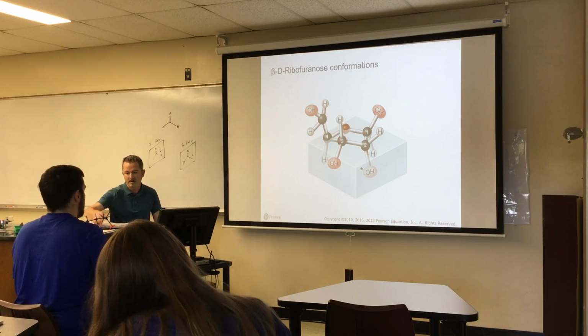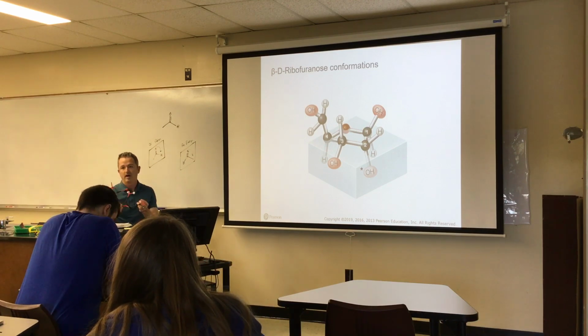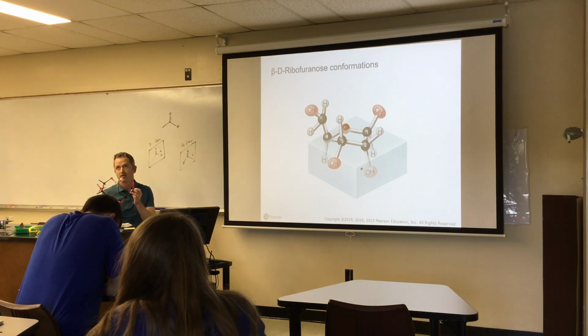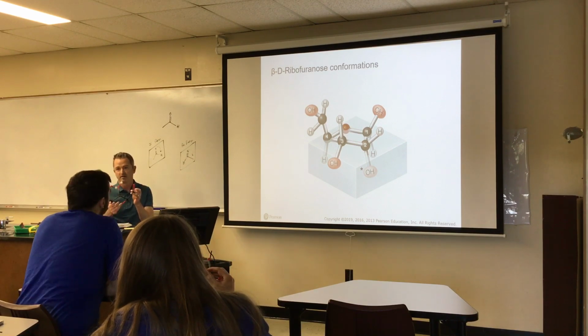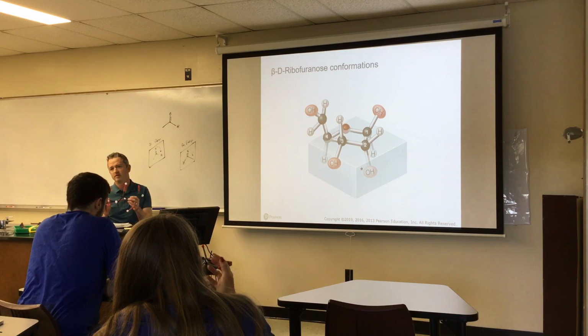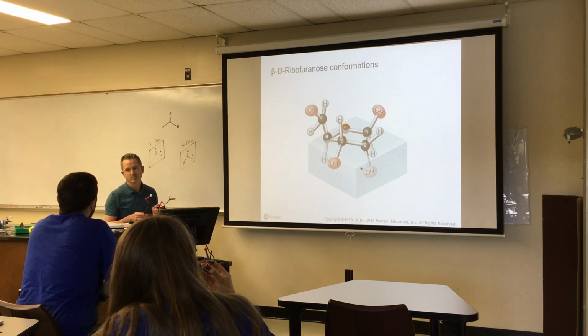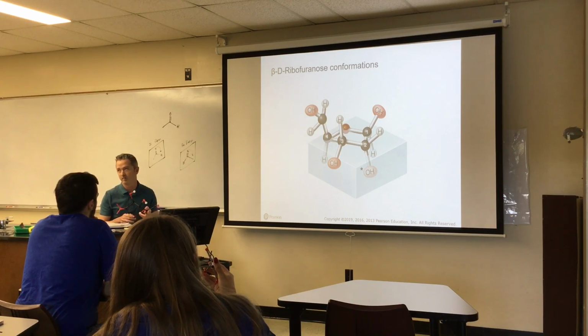So we have stereoisomers, which is the D and L, but we also have the alpha and beta forms. Those are a special stereoisomer. What are the alpha and beta forms? There's a special name for them in biochemistry.